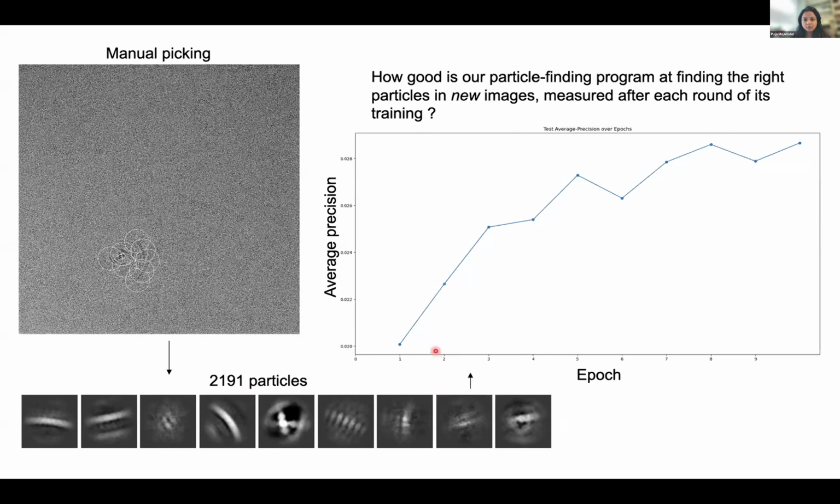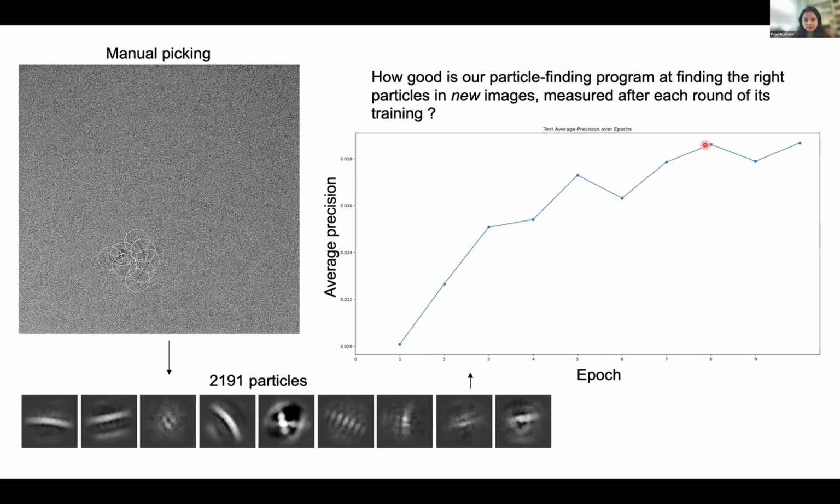Next, I used these 2,000 particles to train the model for particle picking using Topaz. This is the output of Topaz training, where as you increase the number of epochs, it trains the model and increases the average precision, and it reaches a plateau at epoch 8 to 9. That means the model was well trained.